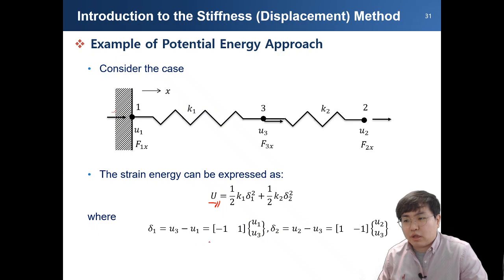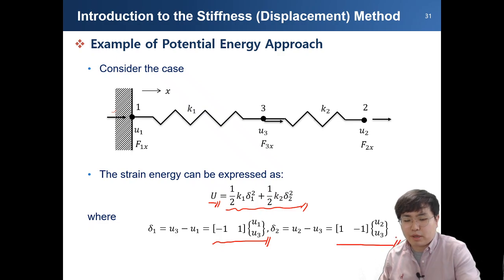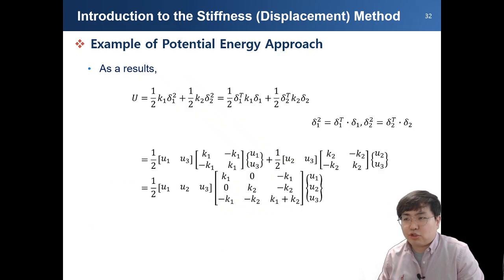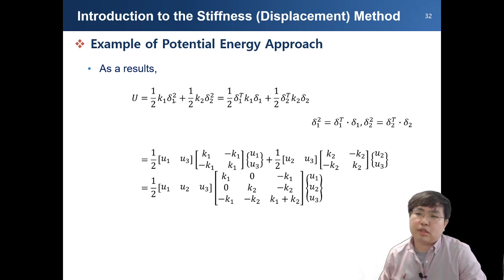So we are going to handle this equation in matrix form. I change u3 minus u1 to look like this, and I also change it to vector form like this. Here delta 1 squared is the same as delta 1 transpose multiplied by delta 1.